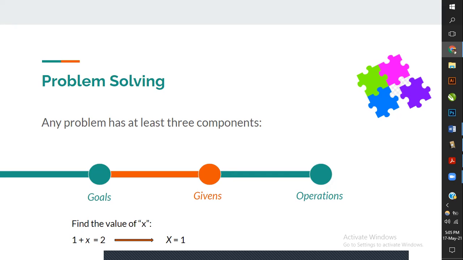So our goal was to find the value of x, and we were given 1 plus x equals 2, that was the given information. To get the value of x, we had to transpose our 1, or subtract 1 from both sides, to get x equals 1.